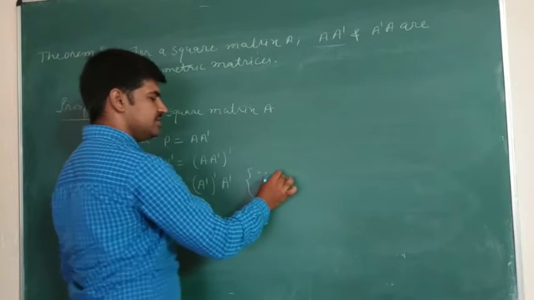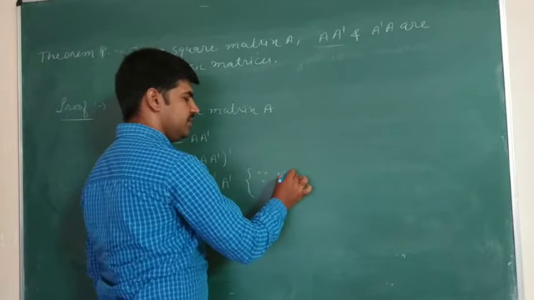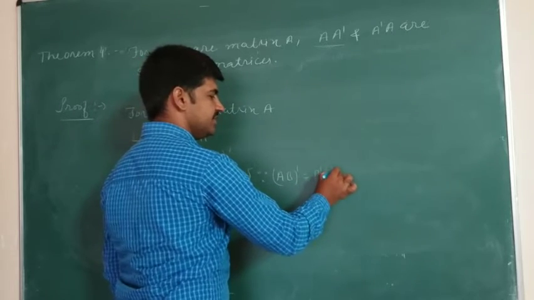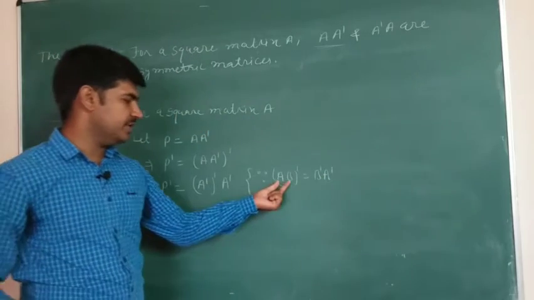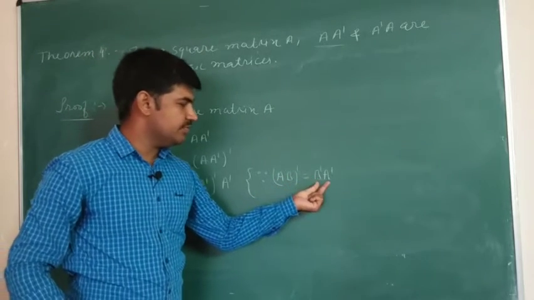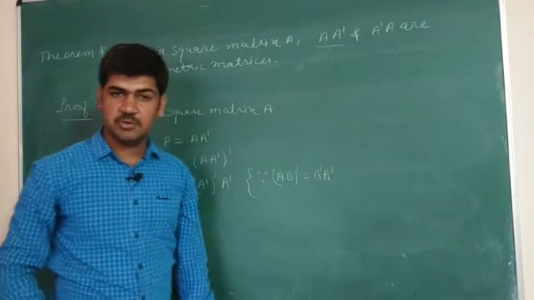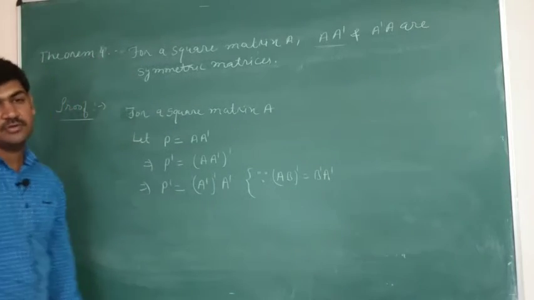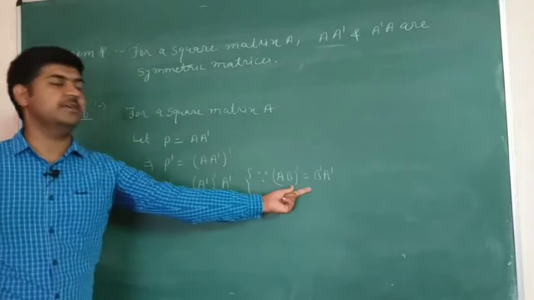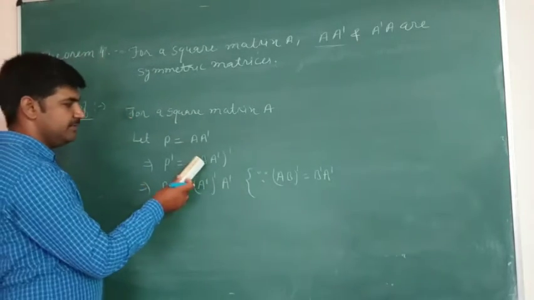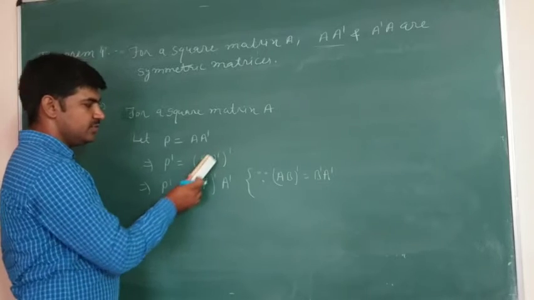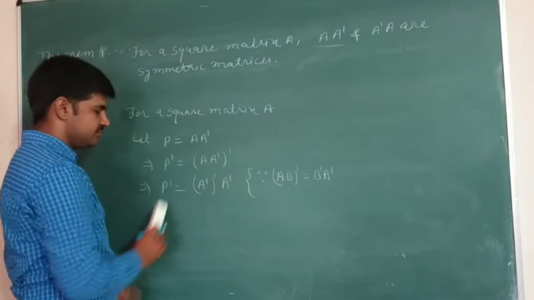As we know that (AB) whole dash is equal to B dash times A dash, means the transpose of product of A and B is equal to the transpose of B times transpose of A. This is one of the properties we studied about transpose of matrices. So I hope you remember this, and using this property I have written that the transpose of A times A dash is equal to transpose of A dash times transpose of A.